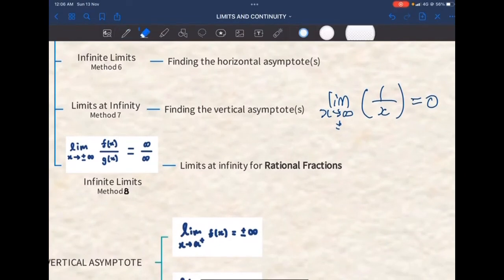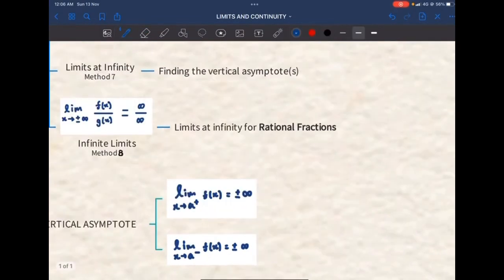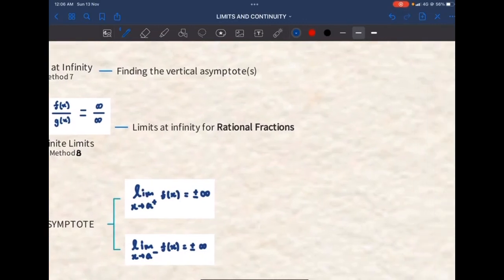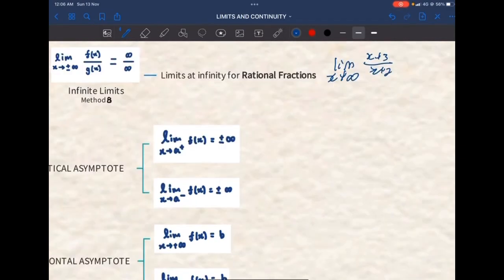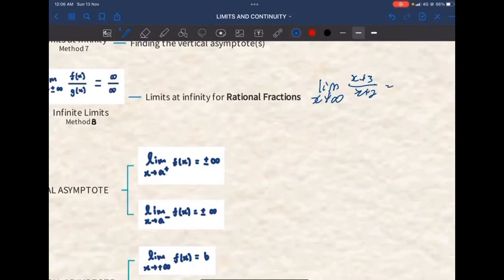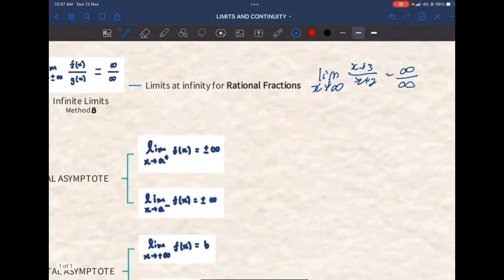Finally, we are going to talk about finite limits also, but we are going to use the rationalizing method to find the values of f(x) when x is approaching infinity. For example, the limit as x approaches infinity of (x plus 3) over (x plus 2). The top will become infinity, the bottom will become infinity, right? So what method can we use?